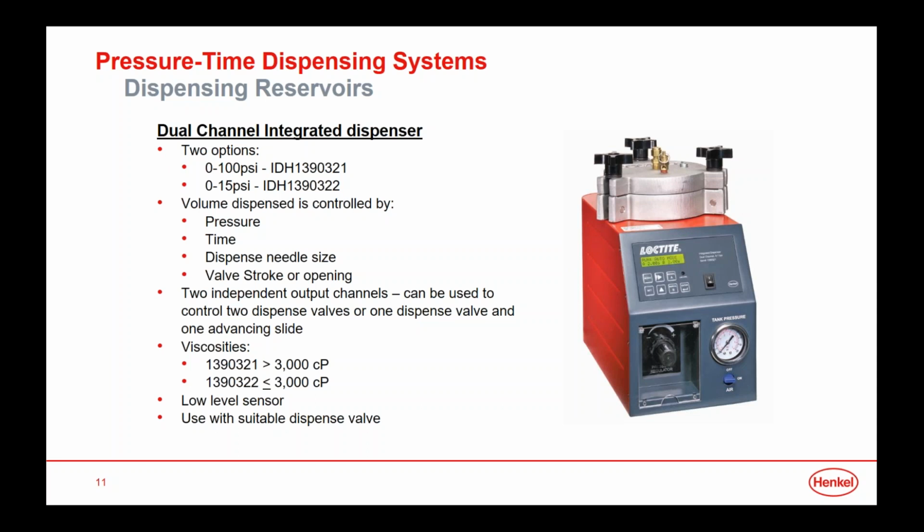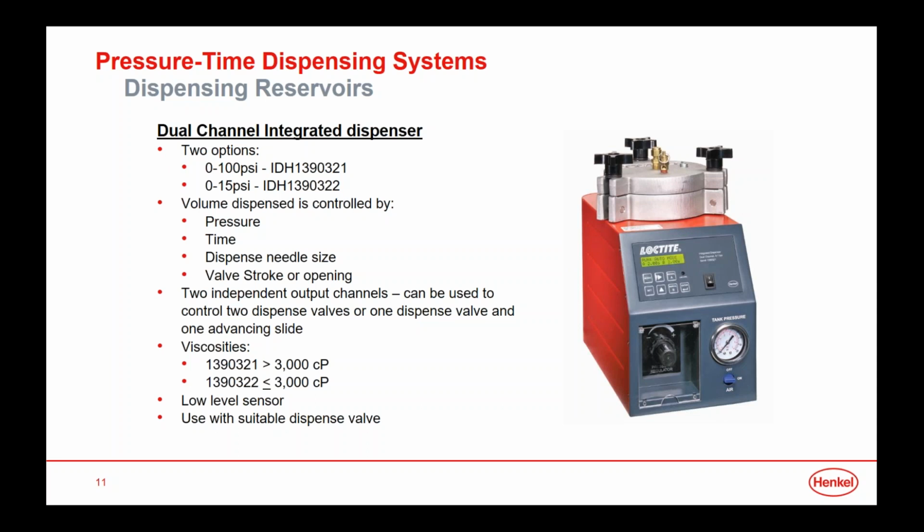What's key about this specific reservoir is that it is what we call a dual channel. It has the capability of controlling 2 separate valves out of the same reservoir, or something like an actuator or a slide. If you had a valve mounted to a slide, you could move the valve and control that slide off the reservoir, as well as dispense the valve. So it gives you a lot of flexibility.